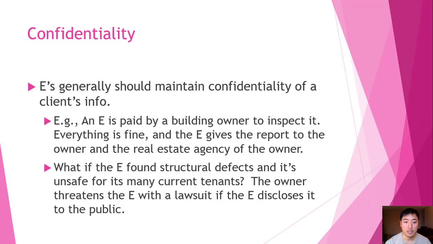The owner paid the engineer for this report out of his or her own pocket. So in this situation, the engineer should not have given the report also to the real estate agency without the owner's consent. Right? It's the owner who paid for the report, and so the engineer should give the report only to the owner without forwarding it to the real estate agency without the owner's consent or approval.